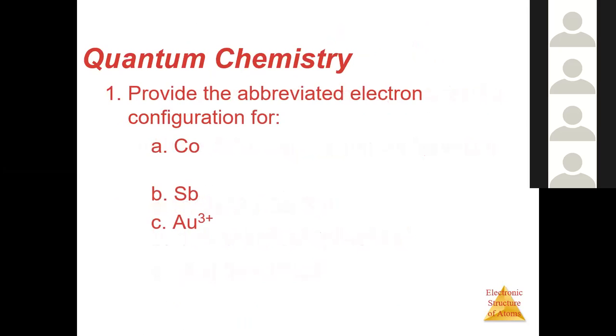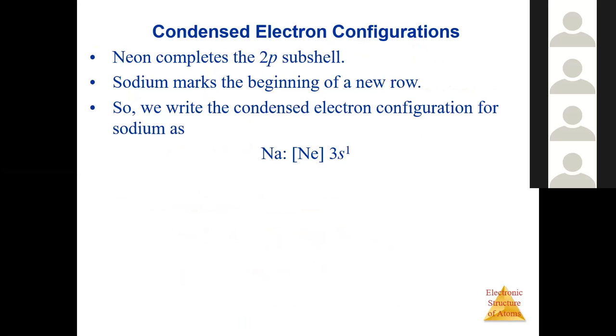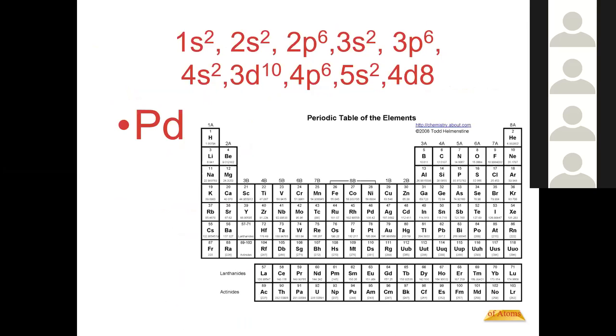All right. Now, I want you to provide the abbreviated electron configuration for antimony, Sb. Sb is the one you need to remember. Dylan, what element is going to be in the brackets? 51.